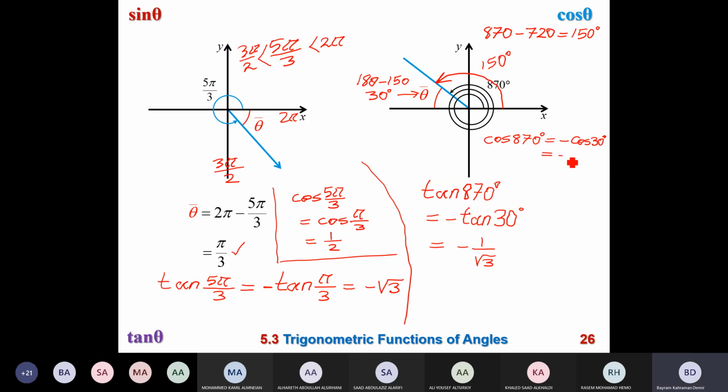What is cosine 30? Root 3 over 2. Exactly. And who's going to calculate sine of 870? Half. Perfect. Sine of 870 is the same as sine of 30. It is half.